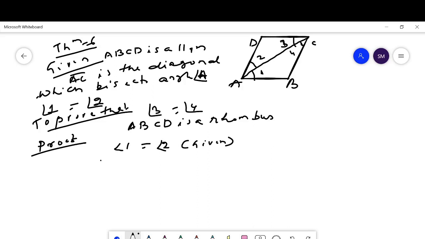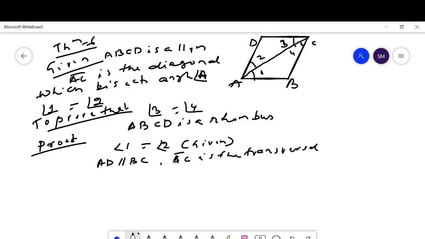As ABCD is a parallelogram, AD is parallel to BC and AC is the transversal.